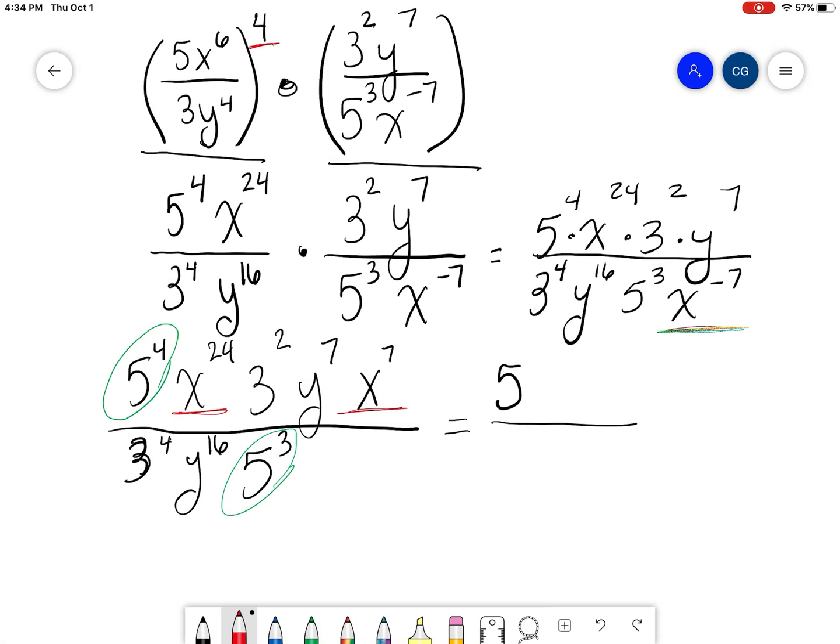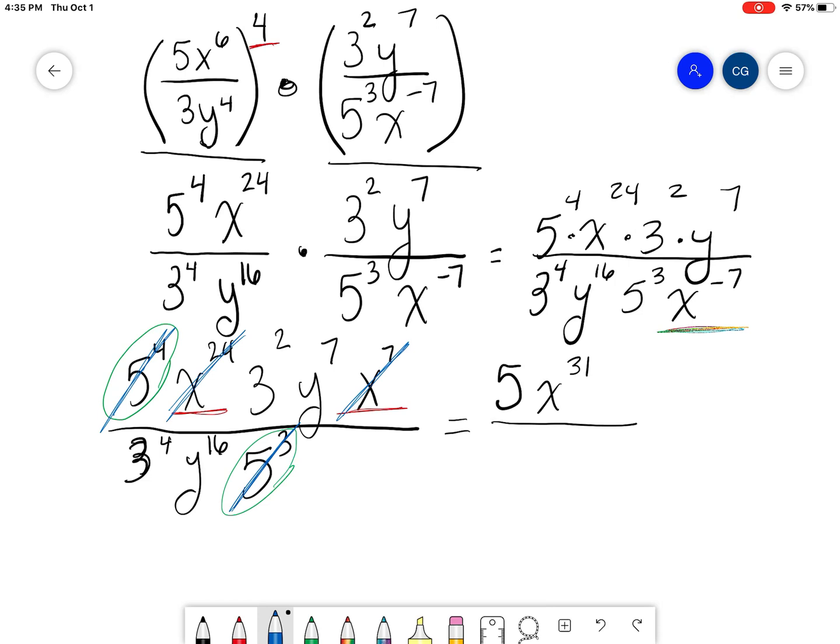And when I multiply those, I use the product rule that says that I can add them together. So if I take x to the 24 and I add the 7, that's going to give me x to the 31. Now, I've taken care of x to the 7 and x to the 24. I have taken care of the 5s.